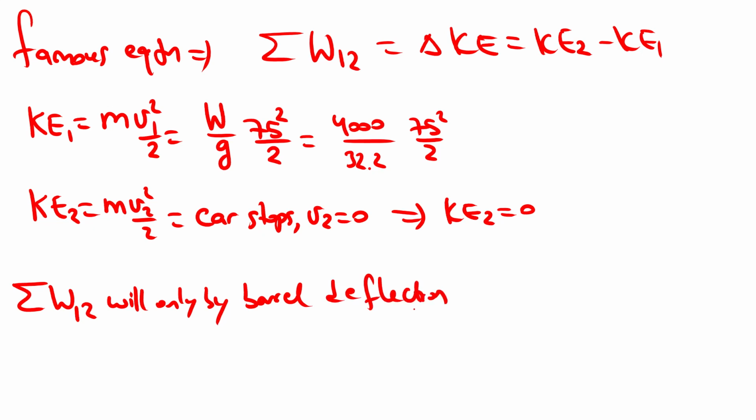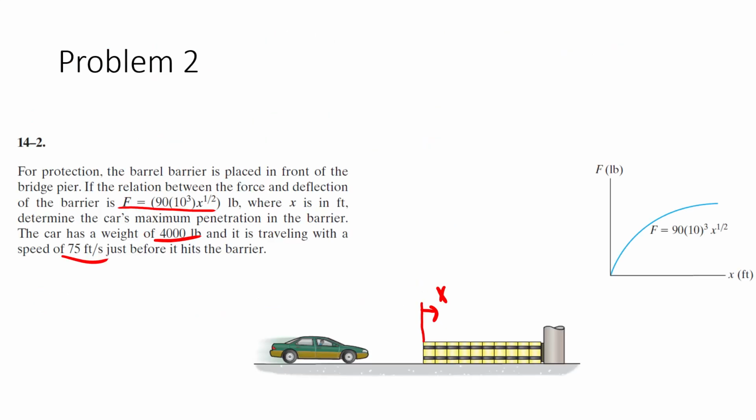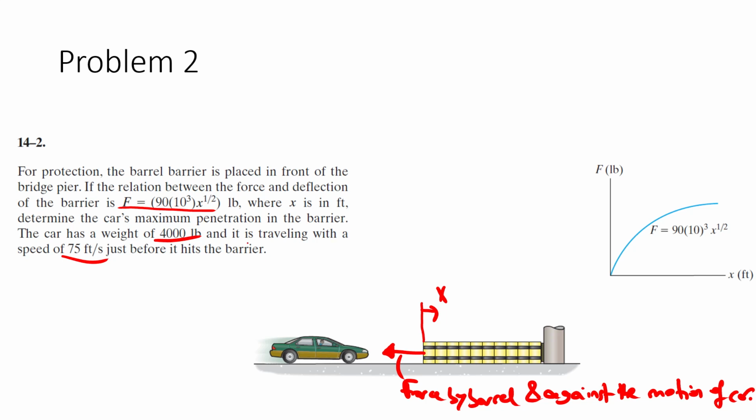When the barrels deflect, there is a force developing, and that force is against the motion of the car. This is the force by the barrel, and it's against the motion of the car.